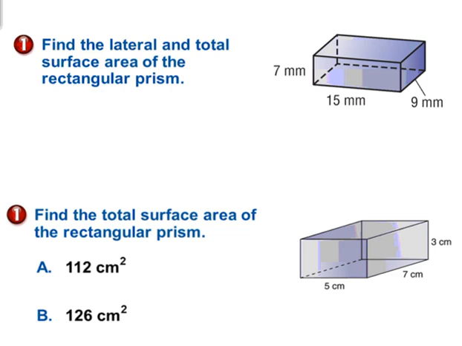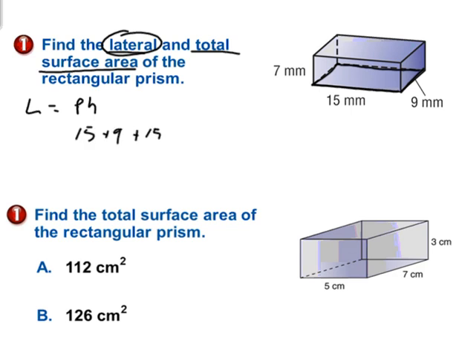Find the lateral and the total surface area of the rectangular prism. Let's do lateral area first. Lateral area is equal to the perimeter times the height. Let's find the perimeter. It'll be the distance around the outside, so 15 plus 9 plus 15 plus 9. 15 plus 9 is 24, 24 plus 24 is 48.